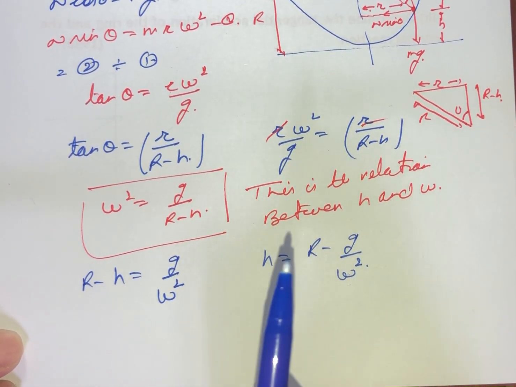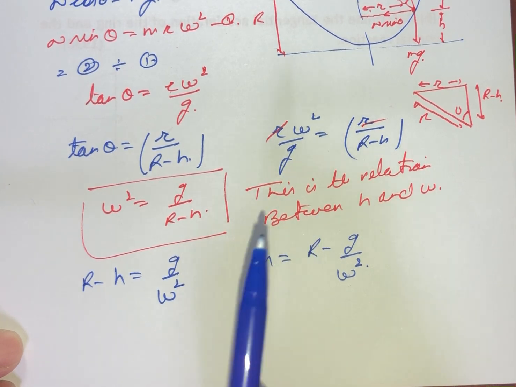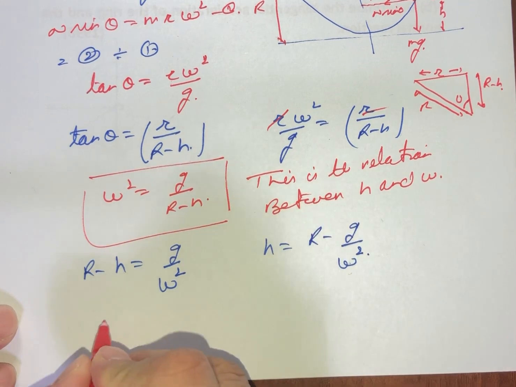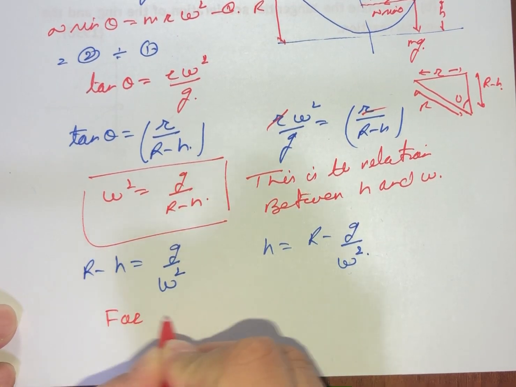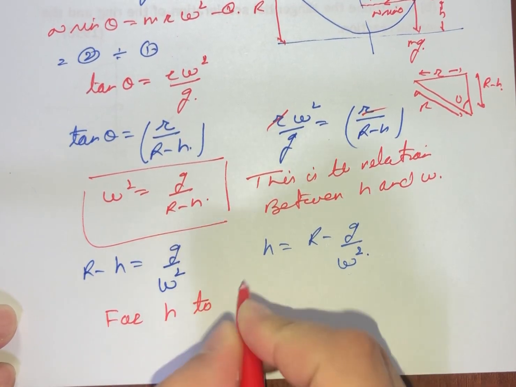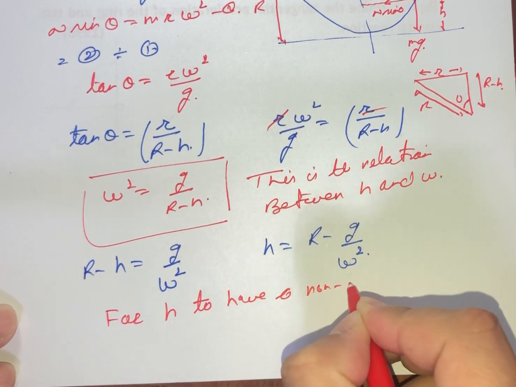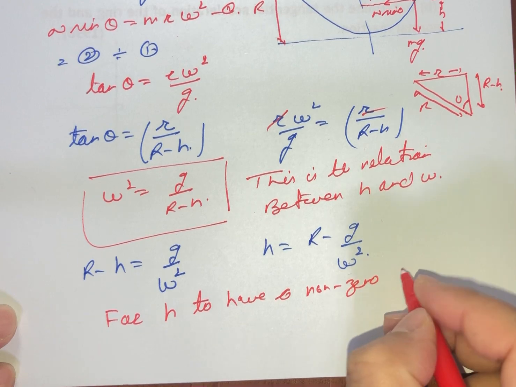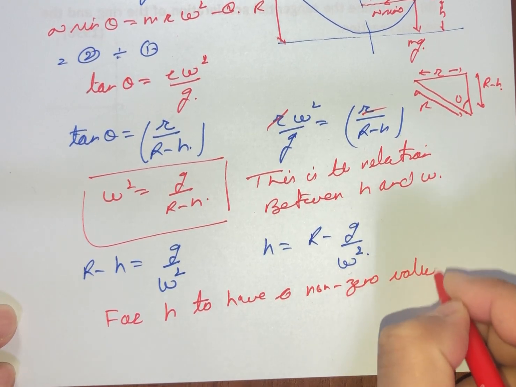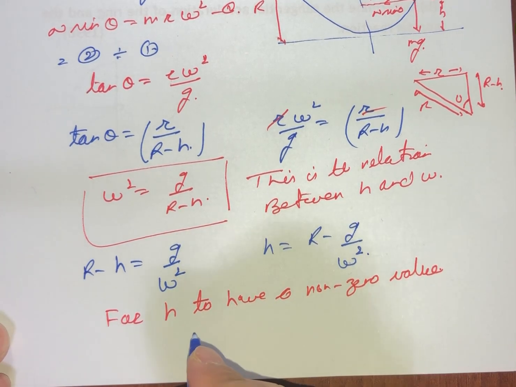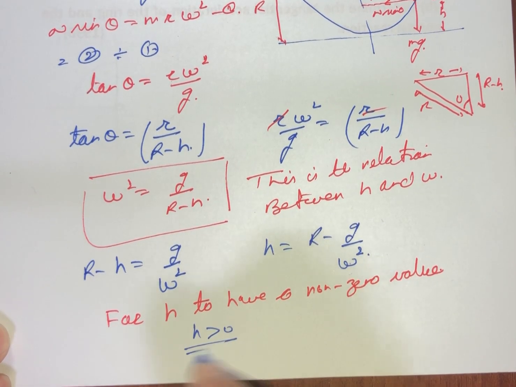For h to have a non-zero value, h should be greater than 0.